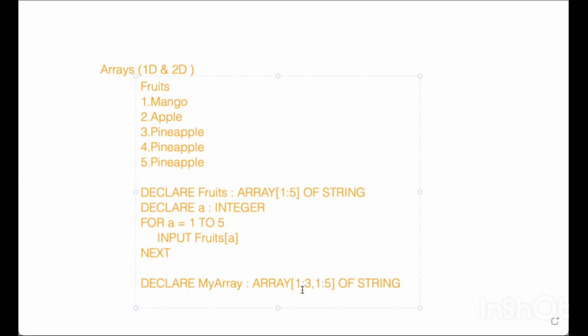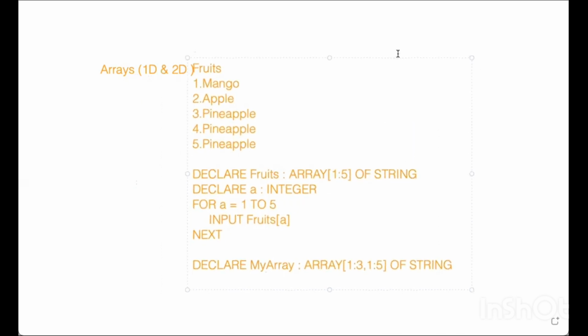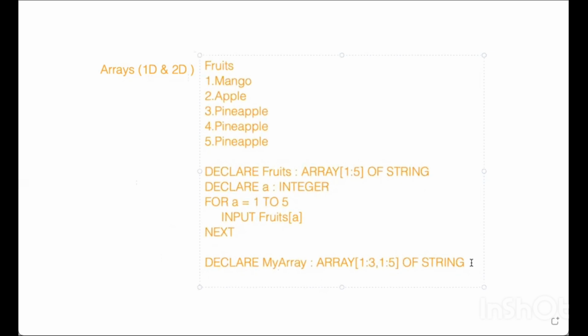So this means this array is going to have 3 rows and 5 columns. And how do we refer to an element of a 2D array? My array 2 comma 5.